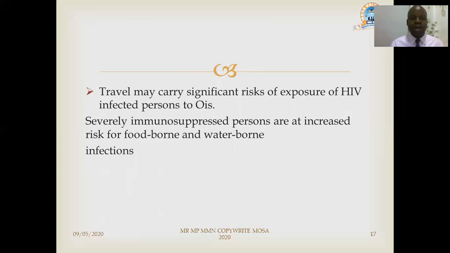Travel may carry significant risk of exposure of HIV-infected patients to opportunistic infections. Severely immunosuppressed persons are at increased risk for foodborne and waterborne infections. So we are saying people who are HIV positive, if they are to travel, put themselves at high risk of exposure to opportunistic infections, because where they are going, they don't know.